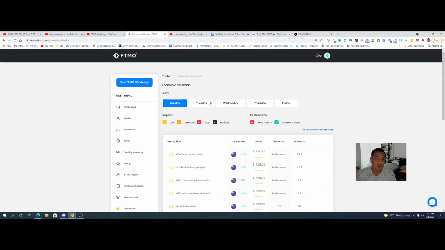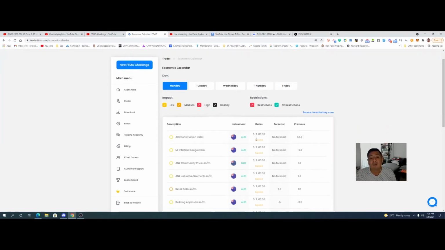Or I've come up with this other idea: when that news is about to come out, I will just turn off the bot so that it won't open or close any trades around those times, and then after the news is done, I'll just drag on the bot again and start it. So then no trades will be closed or opened, because the bot is not actually on the chart. The trades will still be there, but until I put the bot back onto the chart, nothing will close and nothing will open. So that's the second idea.